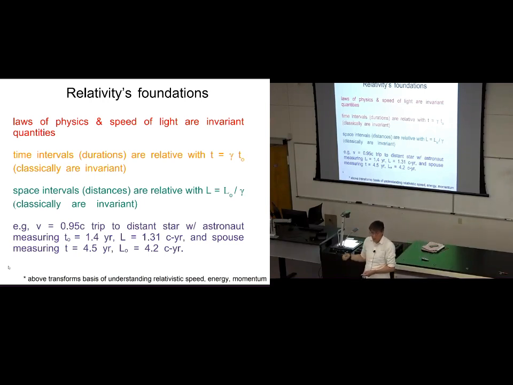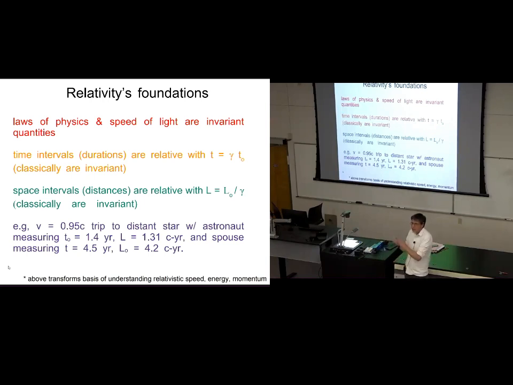The spouse is seeing the astronaut travel at 95% of the speed of light, but also the astronaut is seeing the spouse travel in the opposite direction at 95% of the speed of light. That's an example that the laws of physics, that velocity is distance over time, are invariant in both of these reference frames. Okay, I spent a lot of time recapping there, but we are going to use all this today.